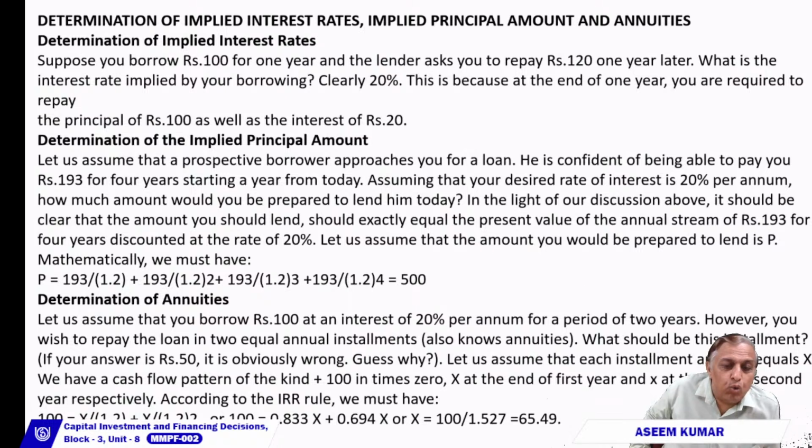So according to the IRR rule, let us look at the formula mathematically: 100 is equal to x within bracket 1.2 plus x within bracket 1.2 raised to power 2, or the annuity value. 100 is equal to 0.833 x plus 0.694 x, or if we simplify it, 100 by 1.527 is equal to 65 rupees 49 paisa. Okay, 65 rupees 49 paisa.